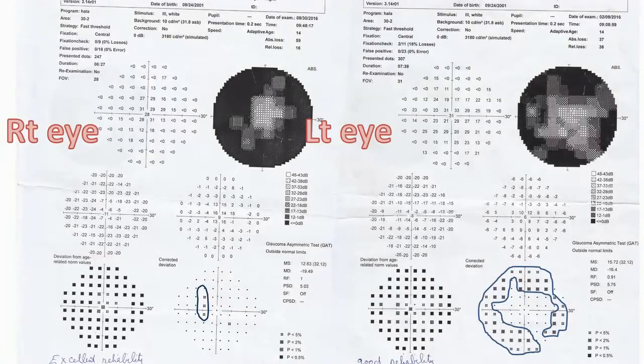Let's go back to our case. Here, both eyes of the same patient. On the right side, you have the impression that there is generalized depression and only localized changes in this area, and the left side shows generalized depression and localized changes in the periphery.